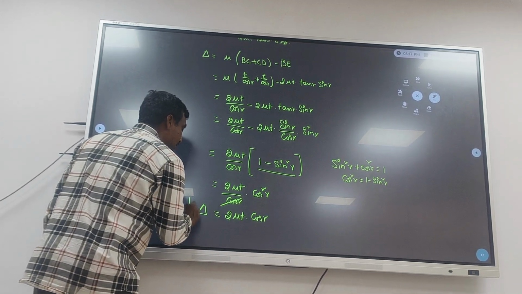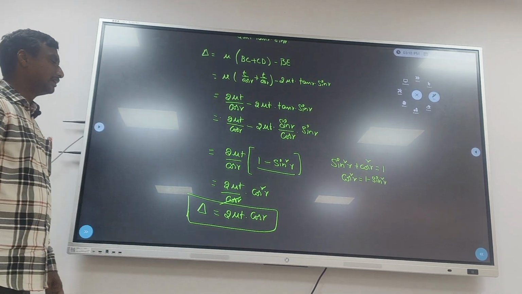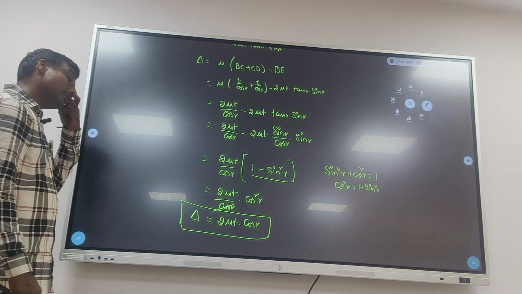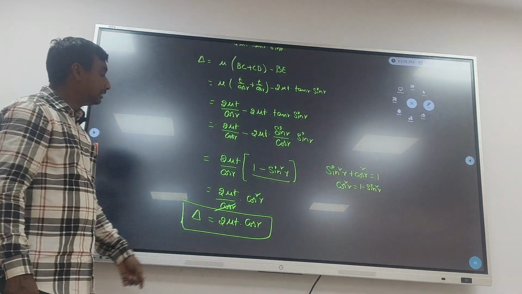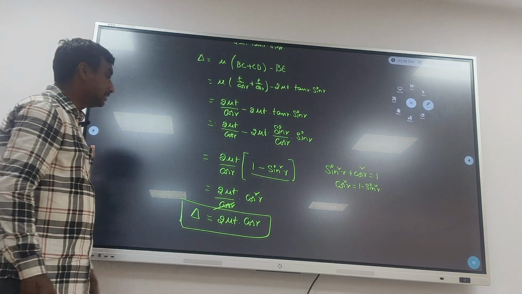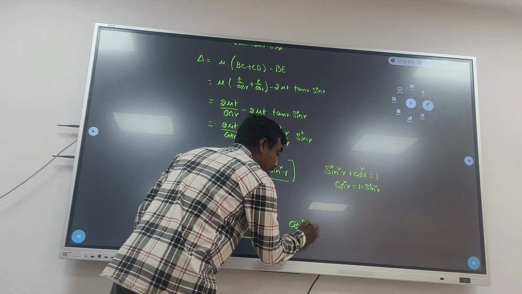This is the path difference for finding the light value in a thin film. So this is known as the cosine law.